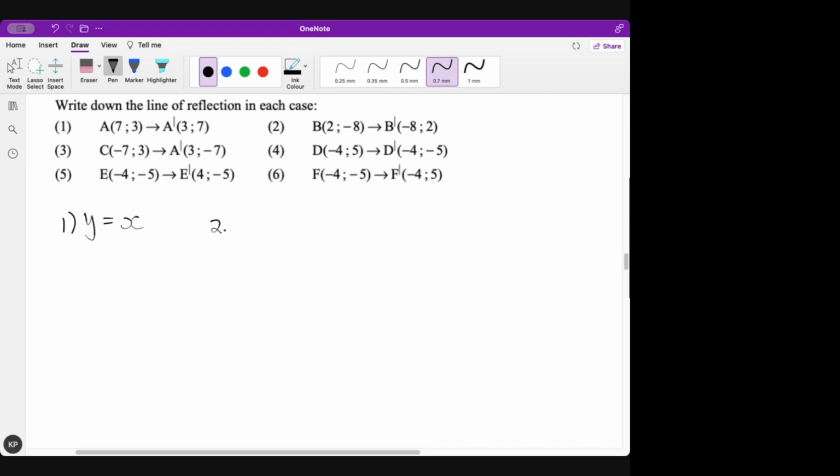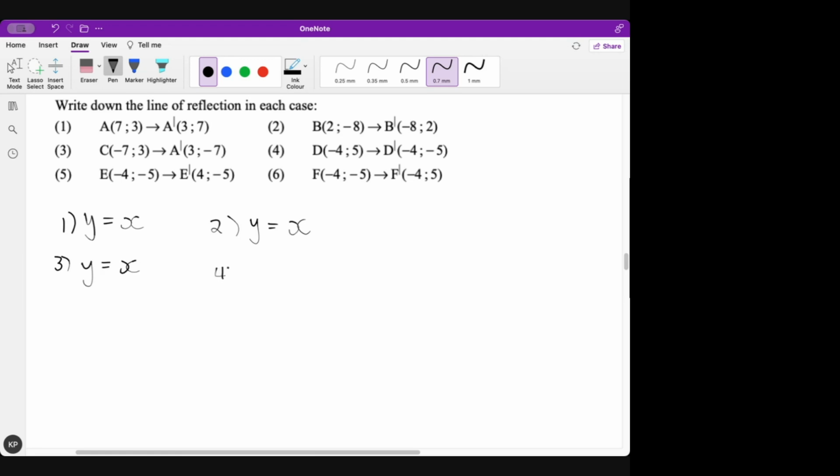Great. Number 2. Went from (2, -8) to (-8, 2). Where has this been reflected? Again, y is equal to x. Number 3, (-7, 3) to (3, -7). Again, y is equal to x.